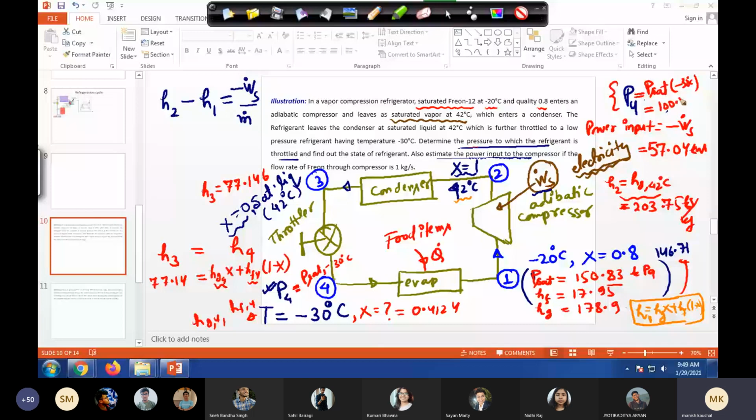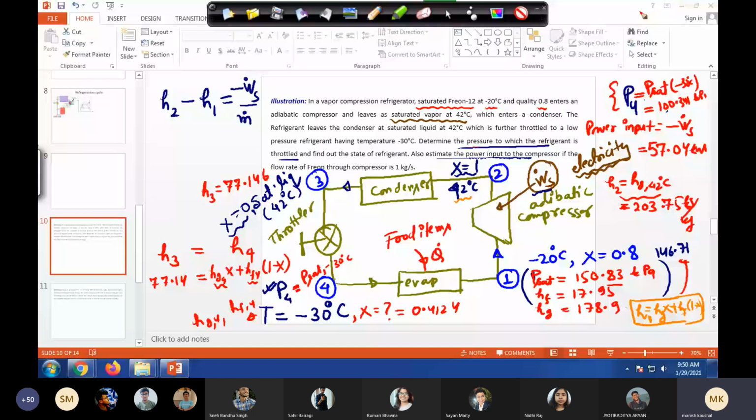Let me check again in the Freon table. Minus 30 degrees Celsius, P sat is 100.314. Okay. So that's all. This is the problem on the refrigeration unit.